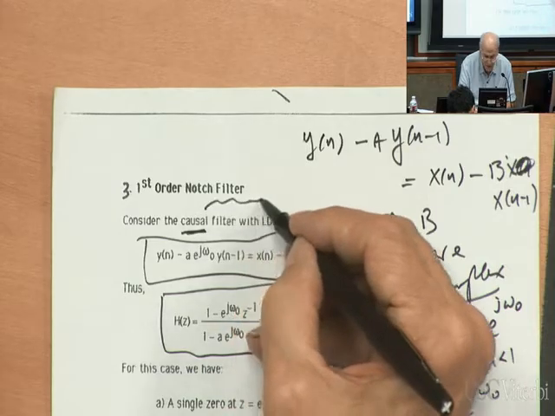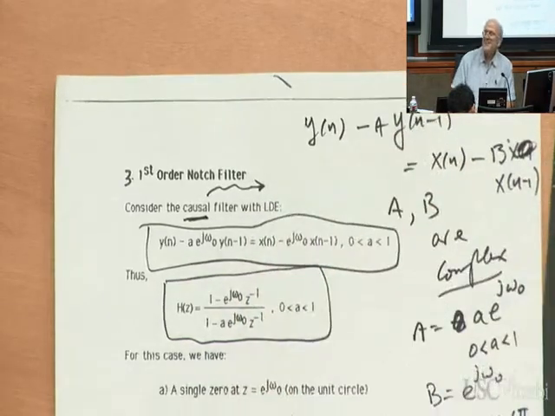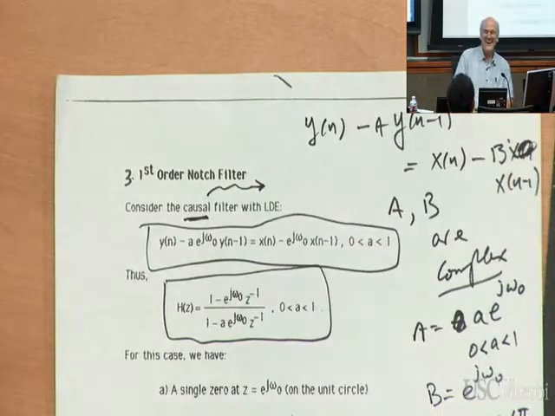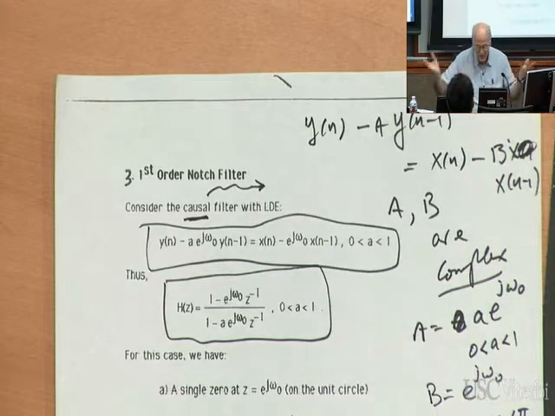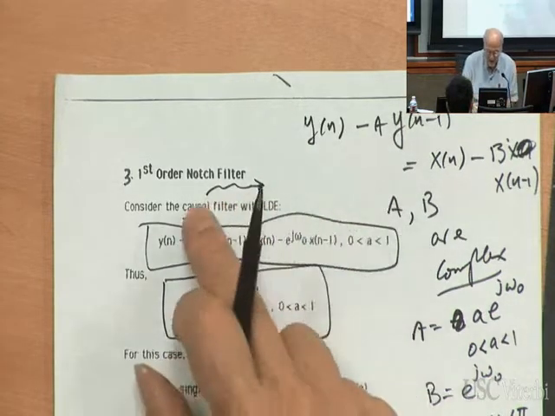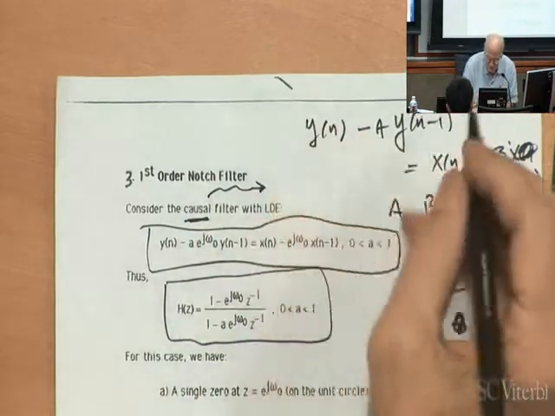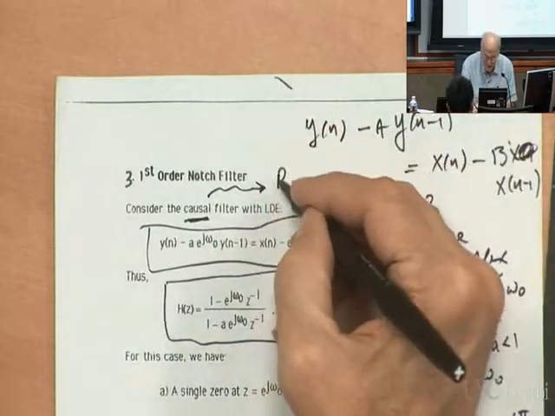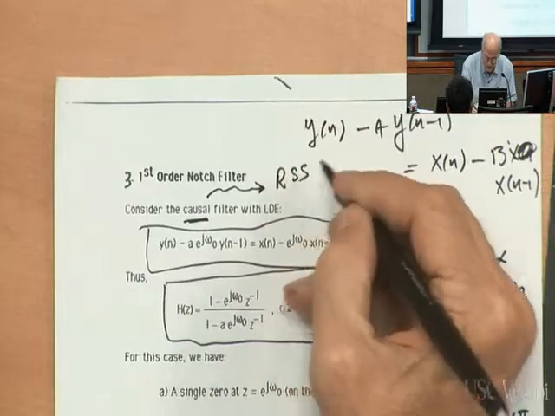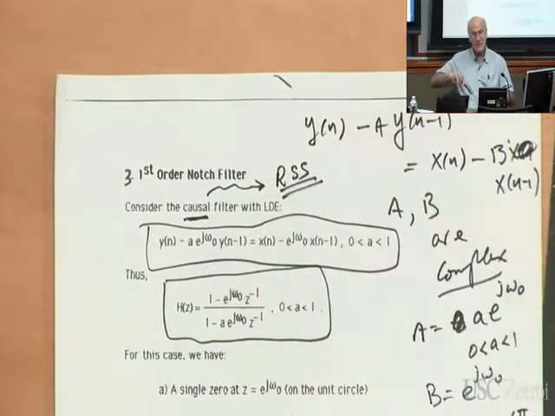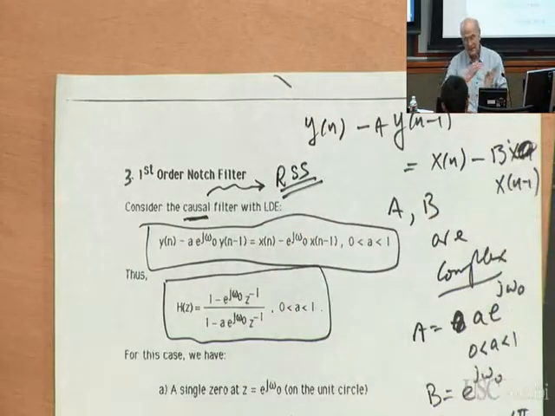Causal is a dog whistle for all of you DSPers, meaning that it's a right-sided sequence or a right-sided system. So that means the impulse response is right-sided.